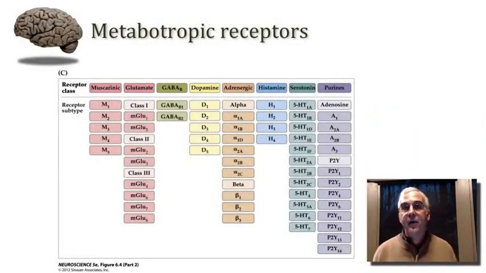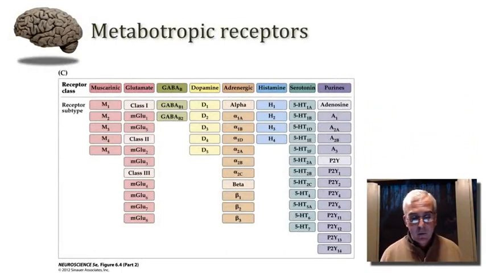So, as I said, there are a variety of G proteins, and they show up in some surprising places. We'll find G proteins, for example, involved in sensory transduction in some of our special sensory systems, including the olfactory system and even the visual system. So the transduction of photons into electrical energy requires the activation of a G protein coupled receptor system.